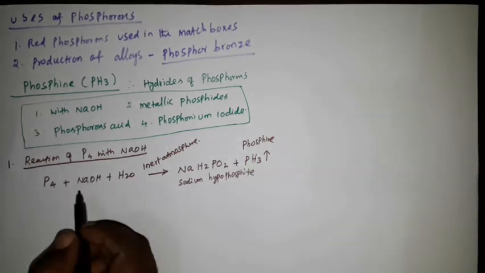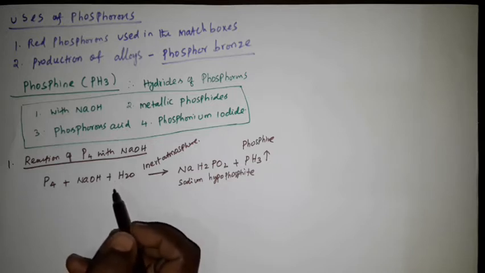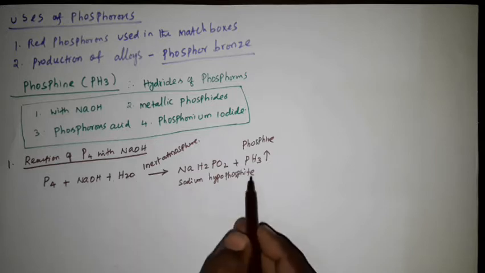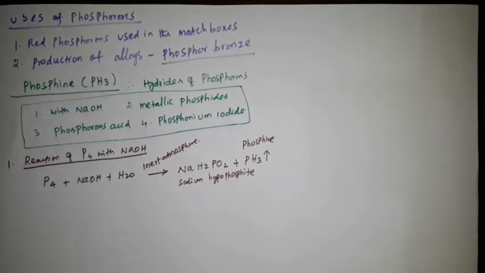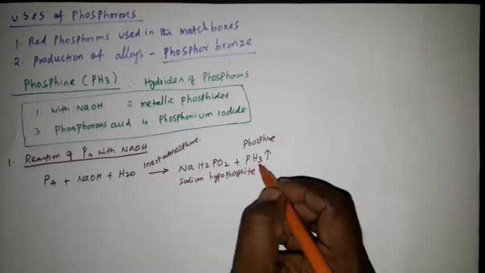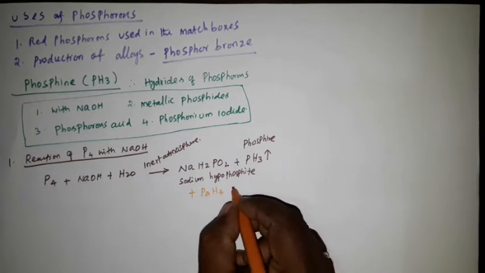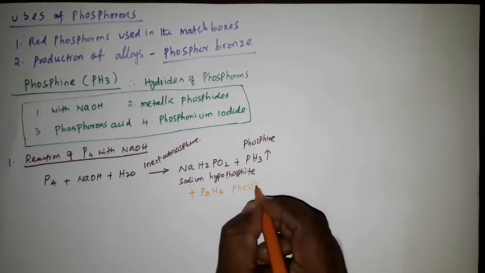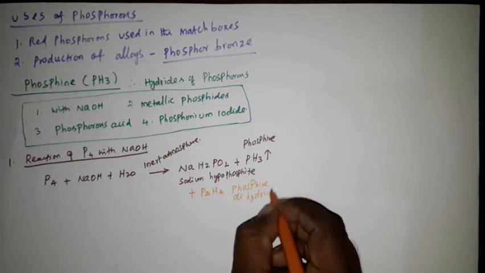So phosphorus reacts with alkali, and this alkali you have to mix with water. Then we get phosphine. Along with this product we also get phosphine dihydride, P2H4.